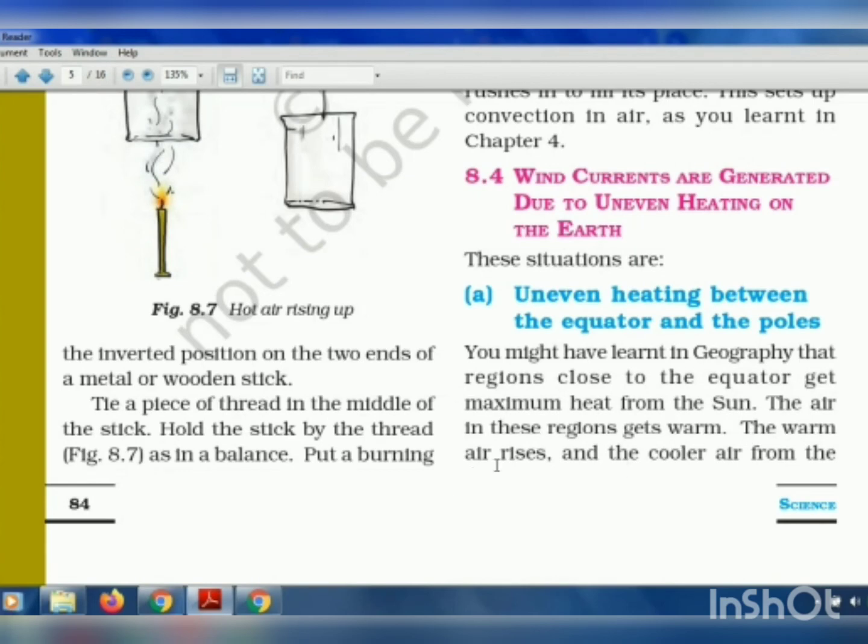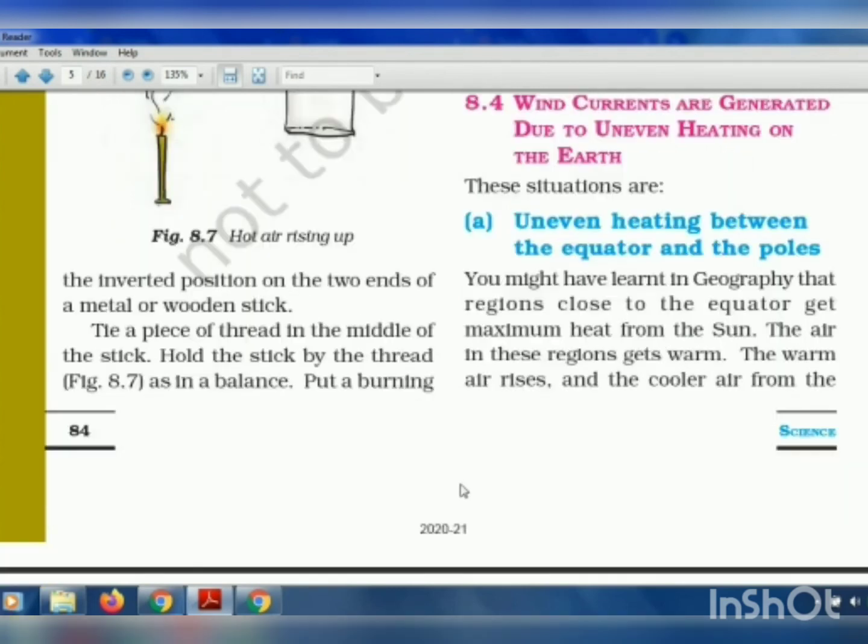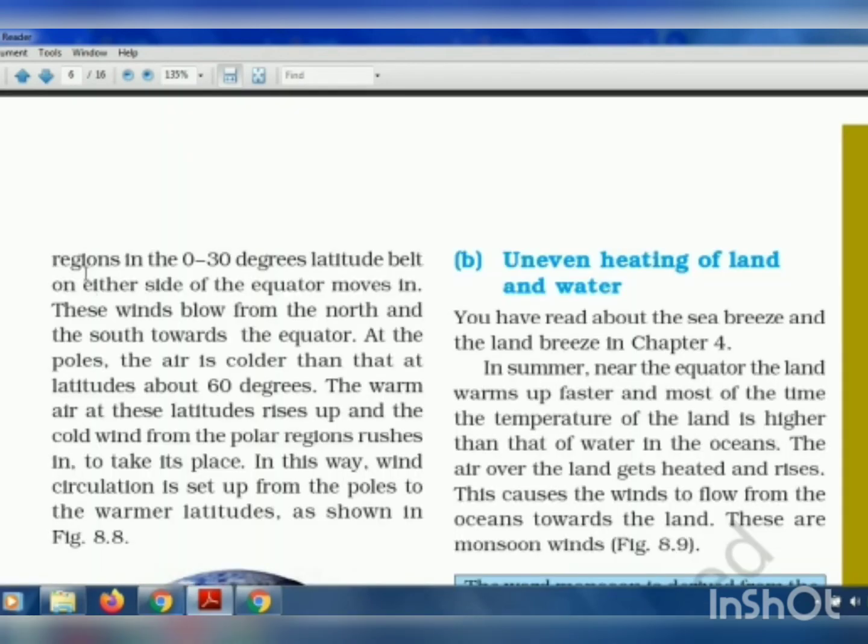So the warm air rises, and the cold winds from the polar regions, where the temperature is very low, move to these regions near the equator and take the place from where the hot air has moved up. So these winds blow from the north and the south towards the equator.